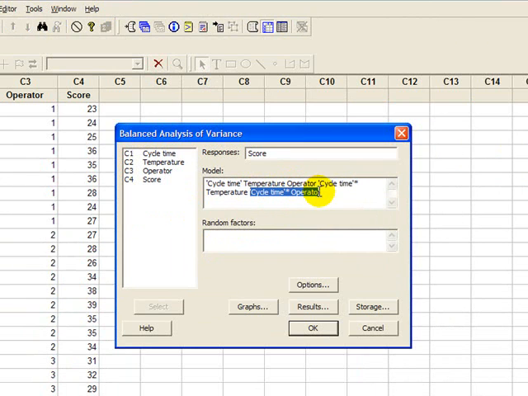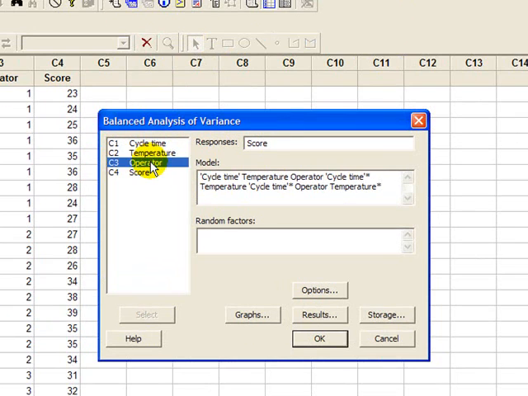I am selecting one variable, then putting a star and then another variable. So first variable star and then second variable. So that is for the interaction between two factors. So cycle time and temperature we have selected. Cycle time and operator is the second interaction. And the third one is temperature star operator, the interaction effect between temperature and operator.